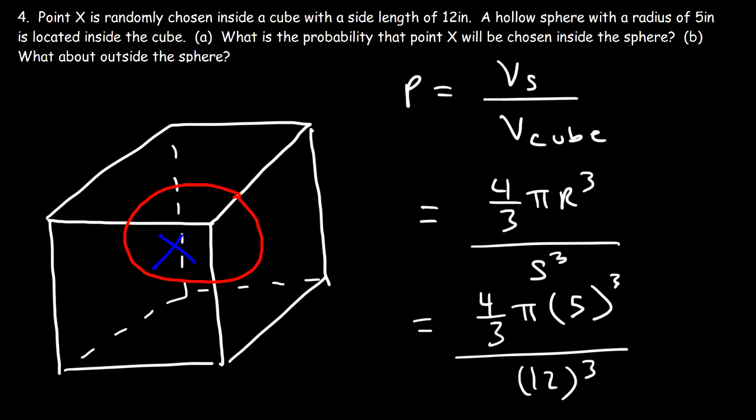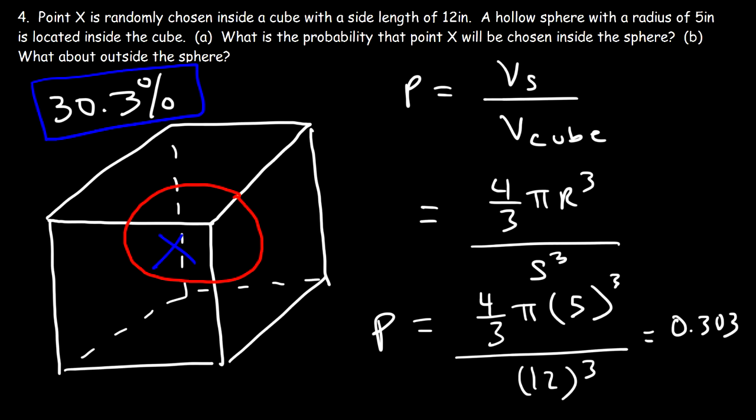So if you type it in exactly the way you see it, as a decimal, you should get 0.303. So that correlates to a probability of 30.3%. So that's the probability that a point chosen at random within the cube will lie inside the sphere.